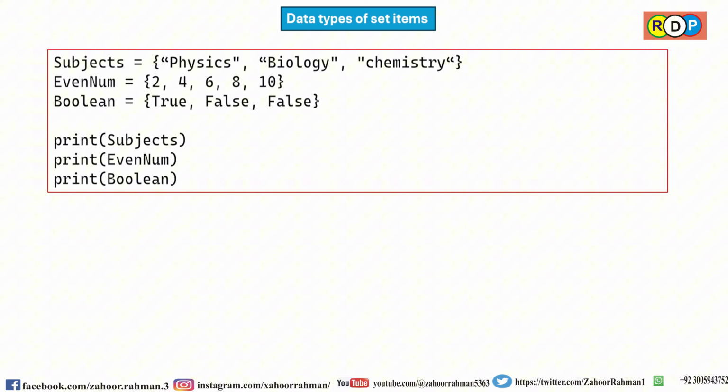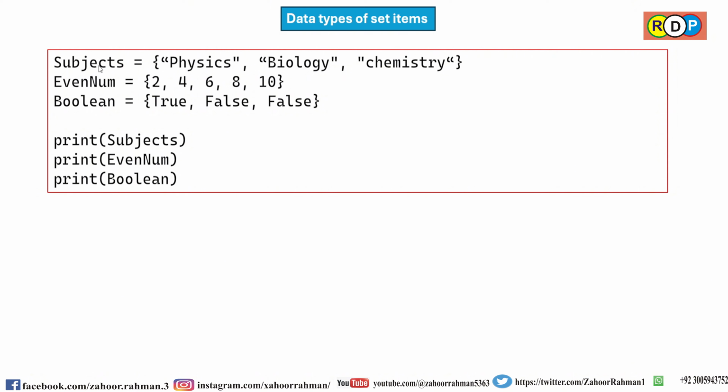Now let us move forward to data types. Different data types are there. Subject is a set and it is a string one. Even num is an integer set, because integers are entered inside this set, while strings are entered inside the subject set.